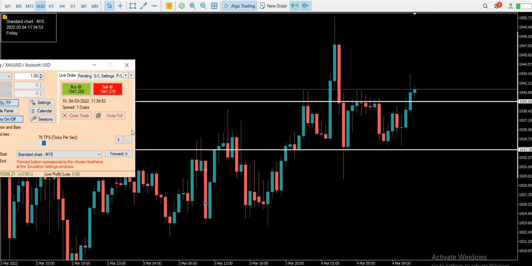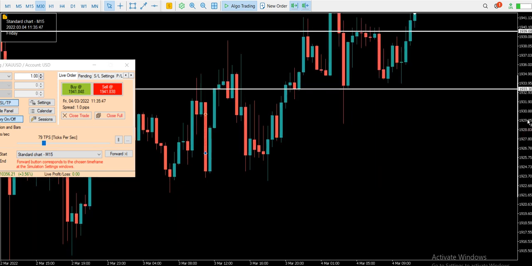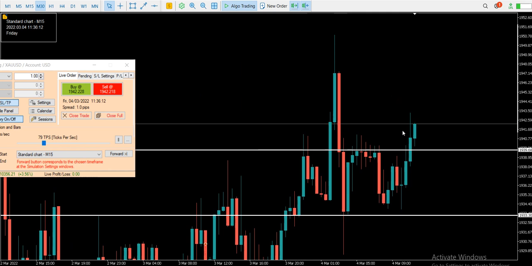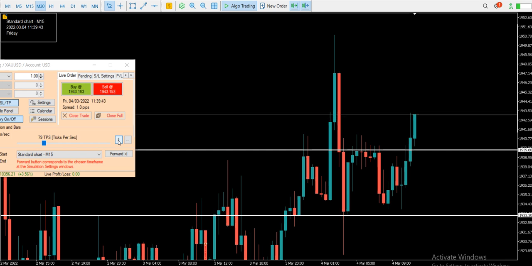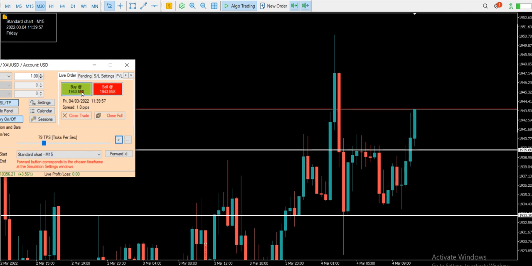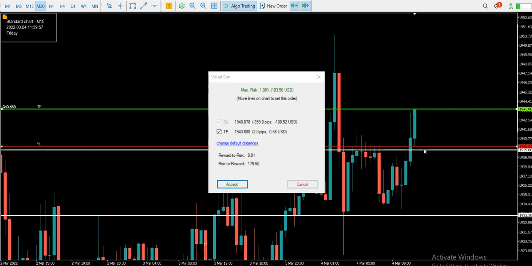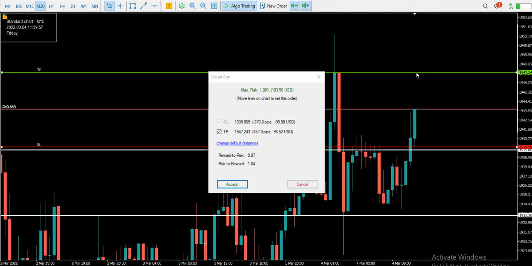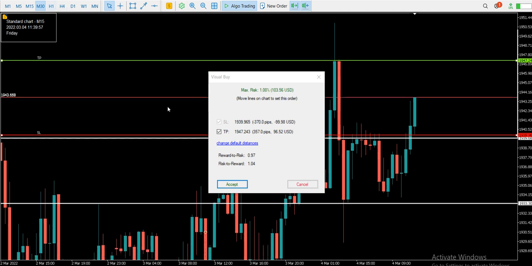And we are pushing up, and a little higher, and then I'll enter the trade right there. No, right there. Take a buy with 1% risk, SL right here, and take profit right there. Okay, it's almost 1 to 1 risk to reward, so it's good.